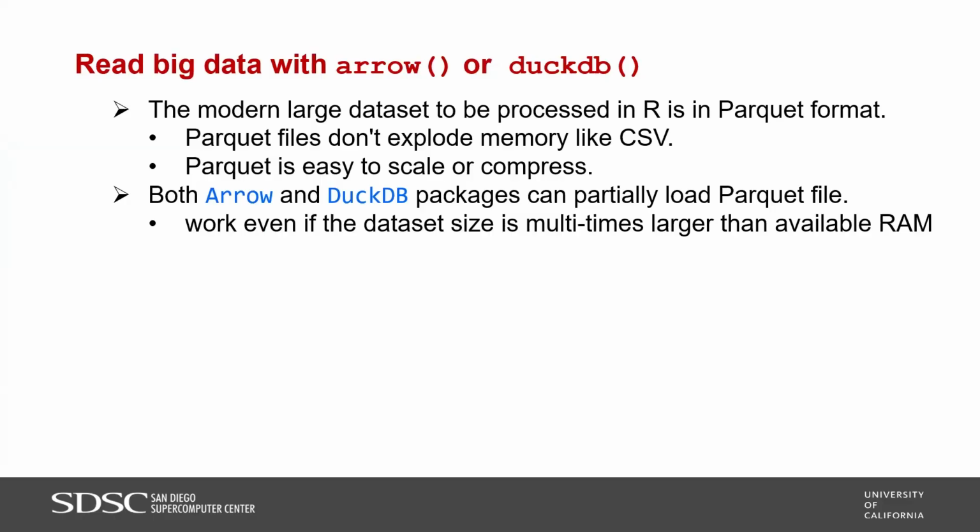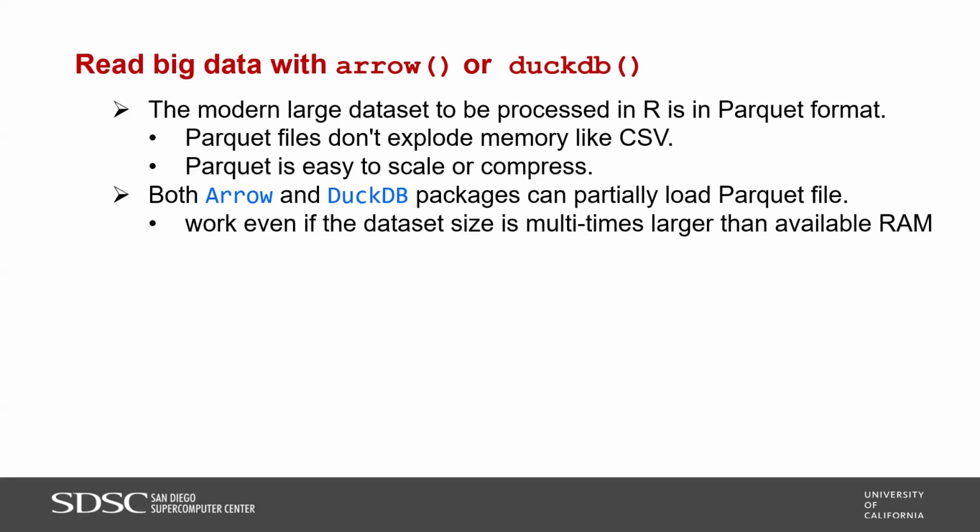Okay, if we have an even larger data set, then the data set might not be saved in a CSV format or the text format anymore. The modern large data set to be processed in R is usually in the Parquet format. Parquet files don't explode memories like CSV, and it's easy to scale or compress.